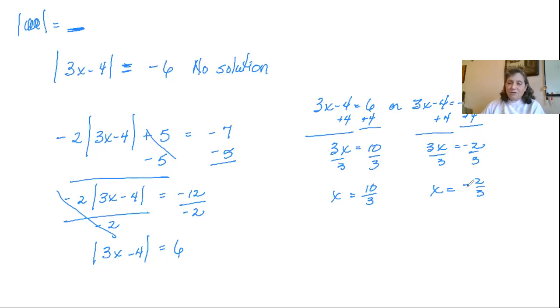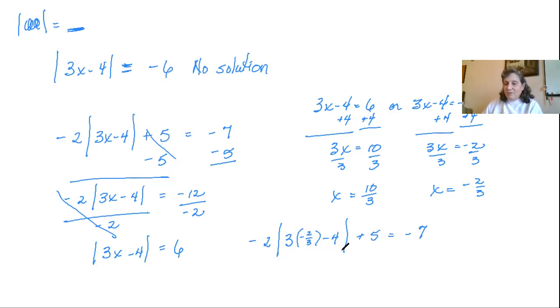Now notice this works. If I go back down here and plug this in, I'm going to try the negative 2/3. So the negative 2 times the absolute value of 3 times negative 2/3 minus 4, plus 5 equals, I hope, negative 7. When you're checking, go through the order of operations.